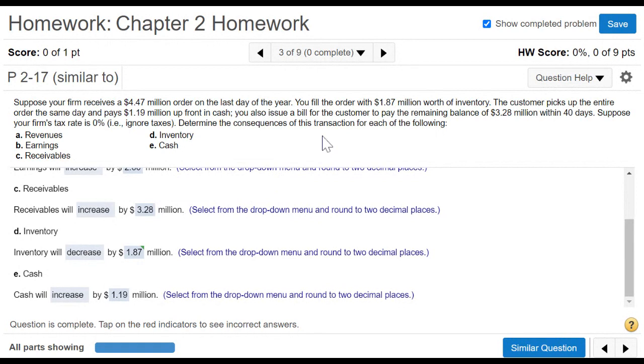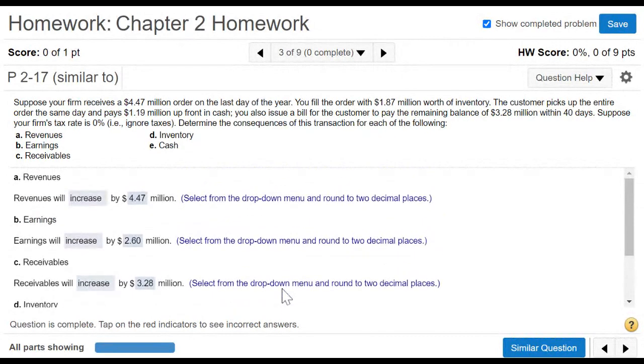Our inventory decreased by 1.87, and they paid us in cash 1.19. This is going to be on your test. This is your give me question, meaning I hope to God that no one gets this wrong.